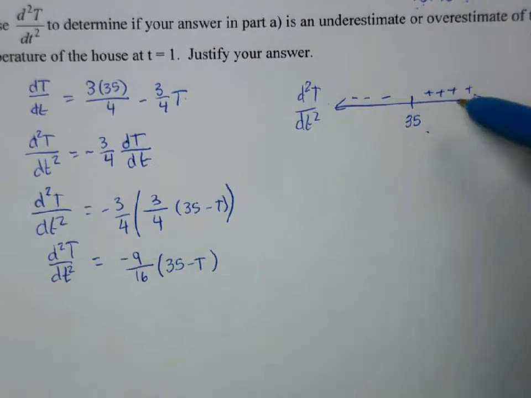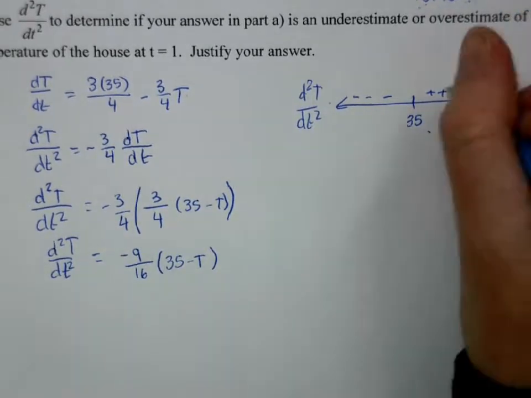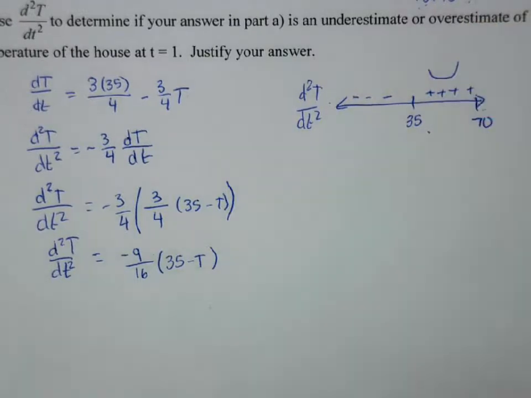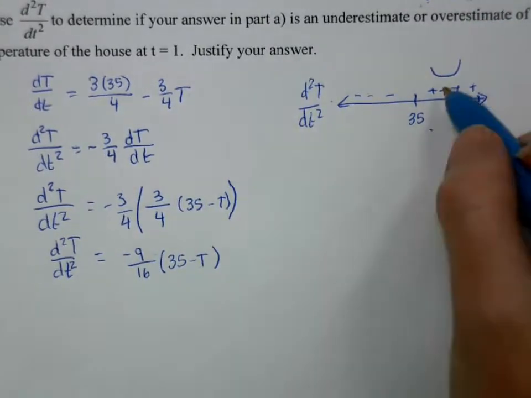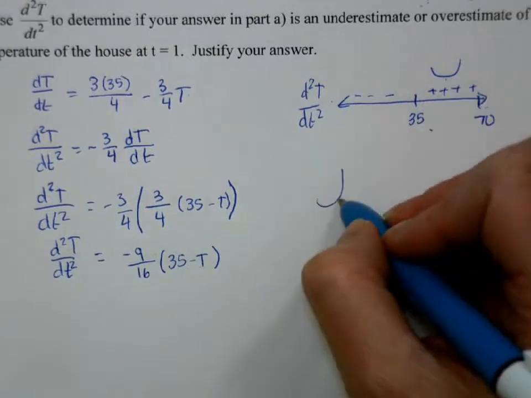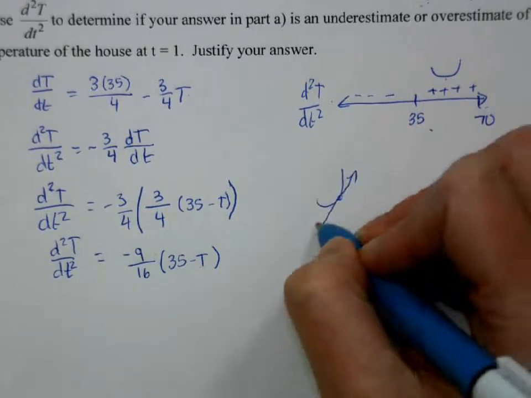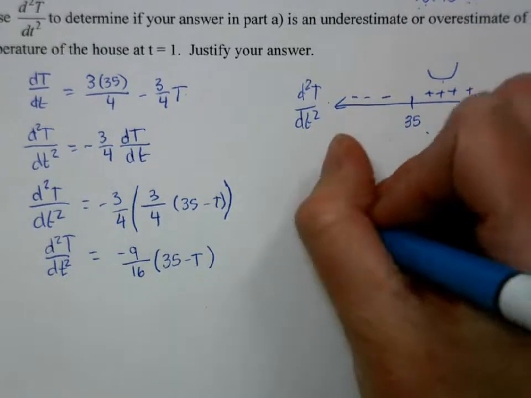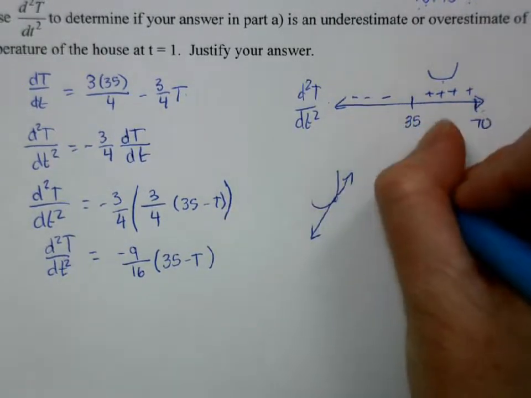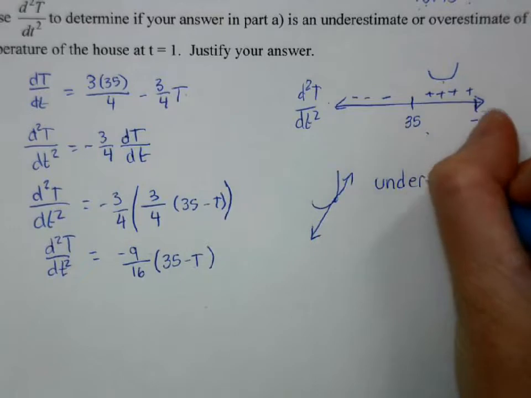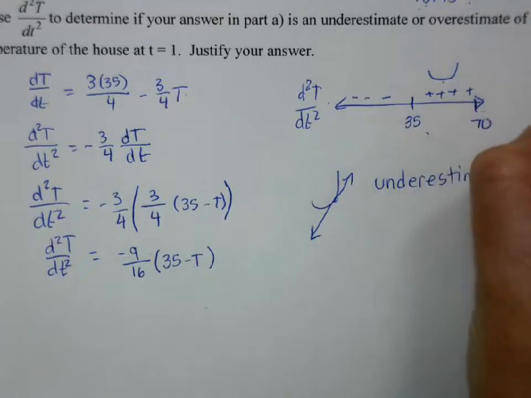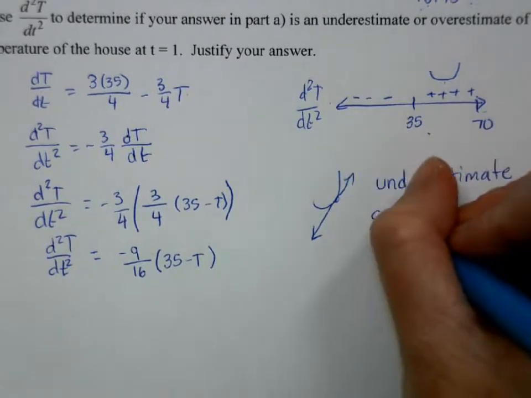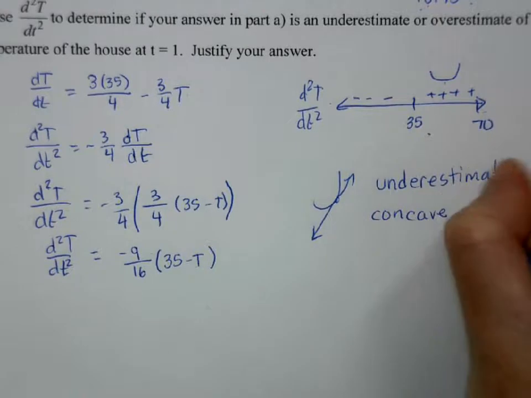So for the entirety of our range, our graph is concave up. And if we have a tangent line where our graph is concave up, we're going to have an underestimate. Concave up, because the second derivative is positive.